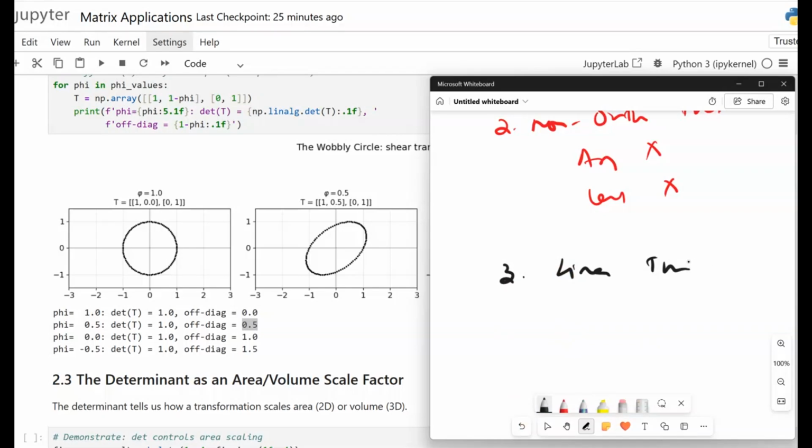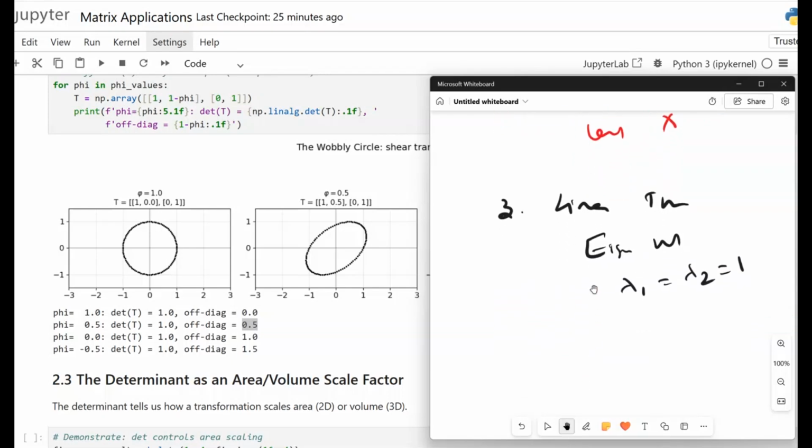This is the unipotent matrix, so here we have the eigenvalues lambda 1 equal to lambda 2 equal to 1. So it is not diagonalizable in general. And yes, this represents a pure shear, not scaling or rotation.